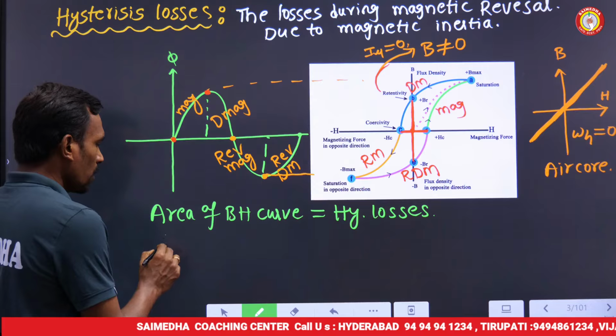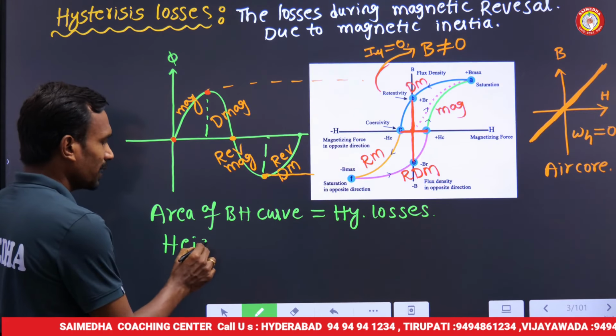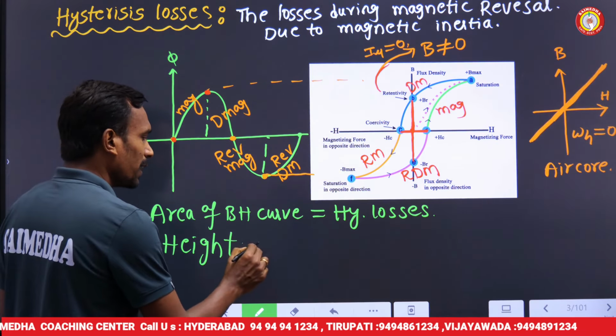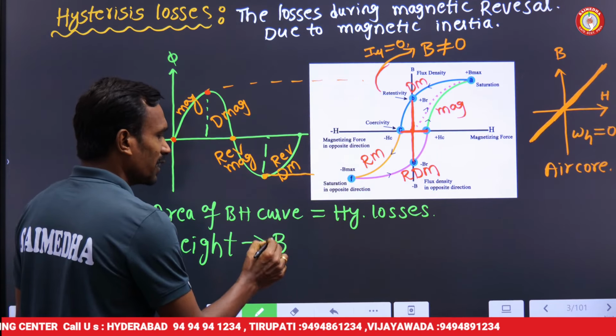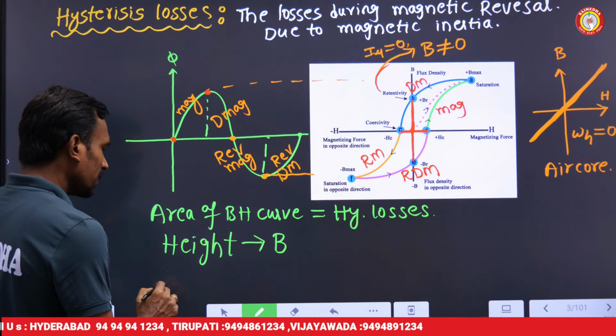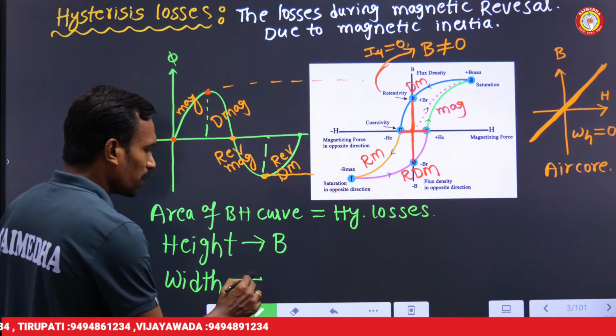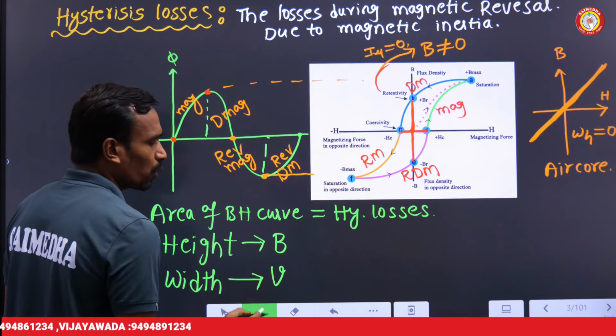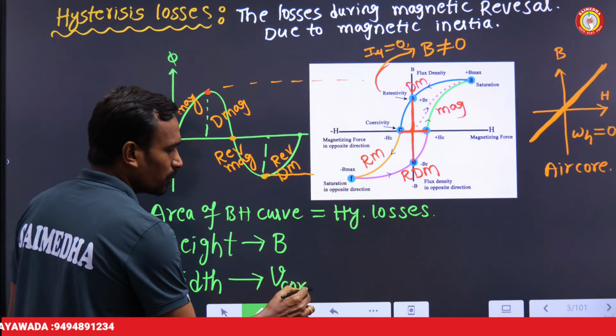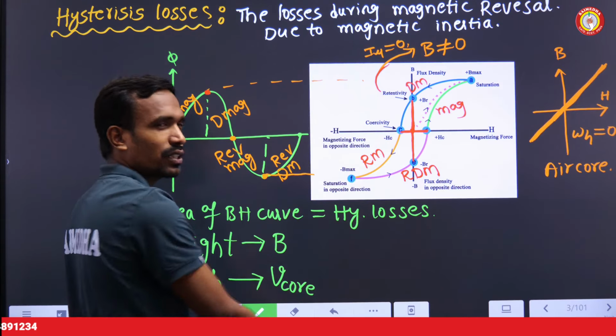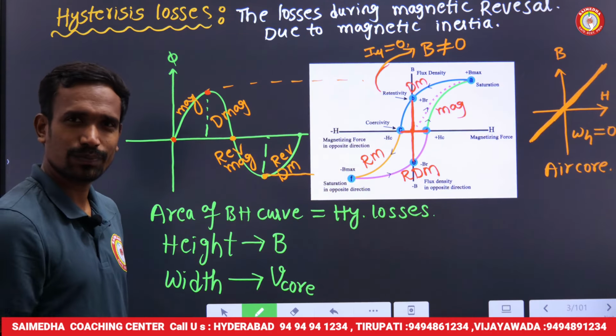Sometimes they may ask you what decides the height of the BH curve: the height is decided by flux density. The width of the BH curve is decided by the volume of the core.